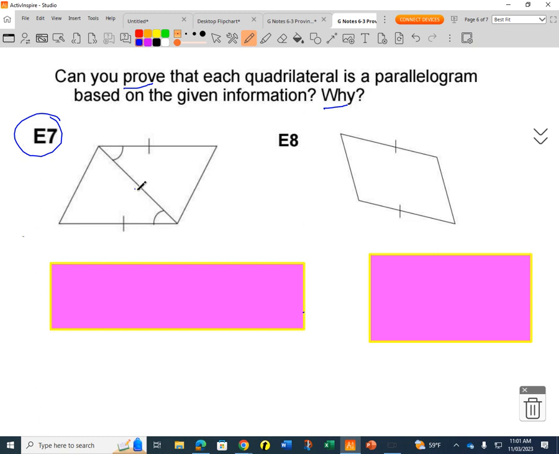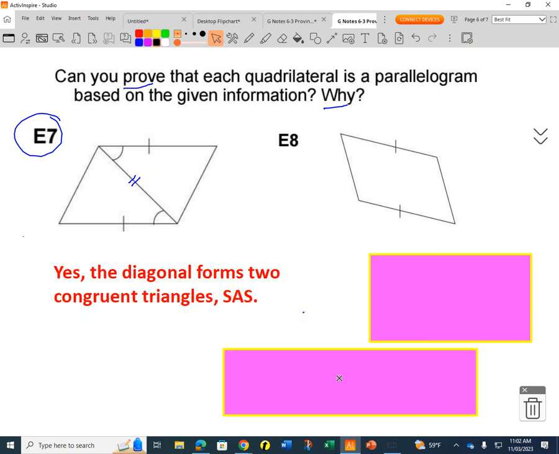Yeah, it's congruent by the reflexive property, right? So now we know these triangles have two sides that are congruent, and they also have the included angle. So it's side, angle, side congruent. So we can say, yes, this is a parallelogram because this diagonal creates two congruent triangles in the quadrilateral. And that is how we know it's a parallelogram.